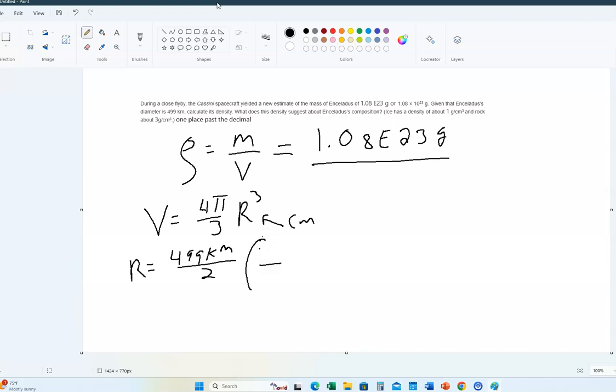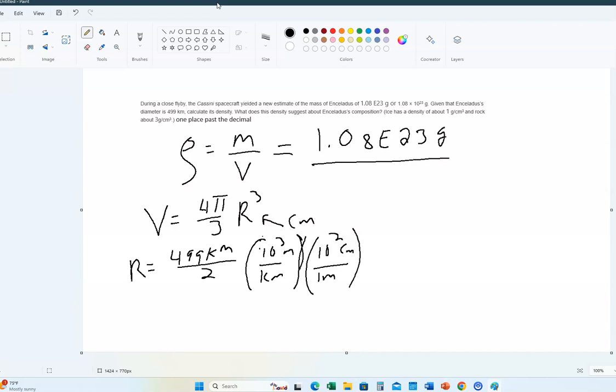The way that we do that is 1 kilometer is 1,000 meters, 10 to the 3rd meters, and then in 1 meter there are 10 to the 2nd centimeters, right?